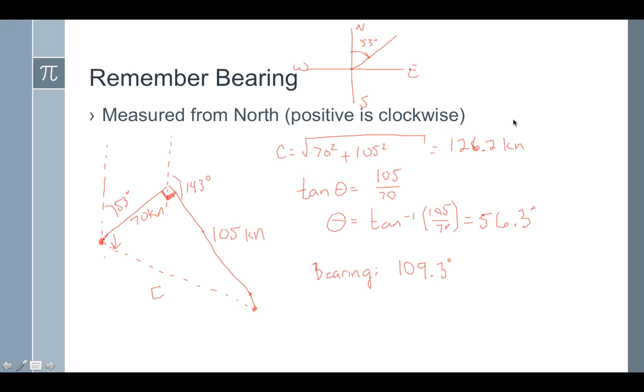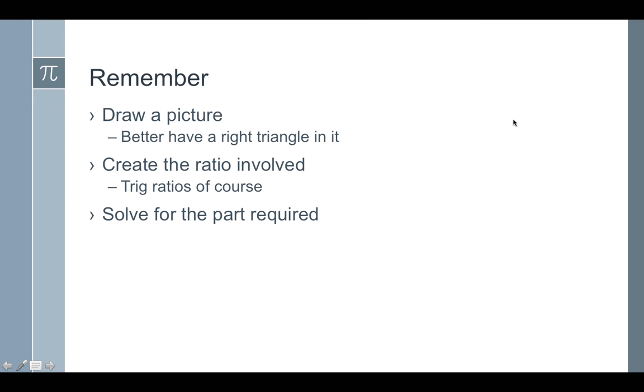All right, so what I'm going to point out here is the things you should do. You'll notice exactly what I did in both of those problems. I drew a picture, and it had to have a right triangle in it. We can't solve anything yet without a right triangle. We will in the next chapter, but right now we cannot. I created the trig ratios that were involved in the problem.